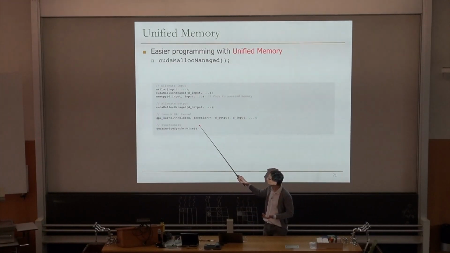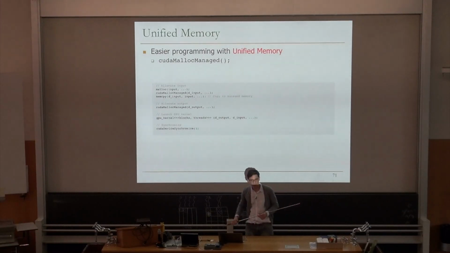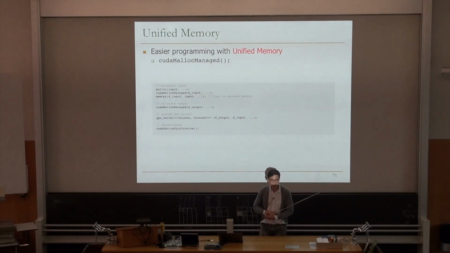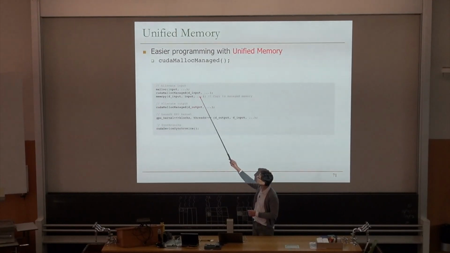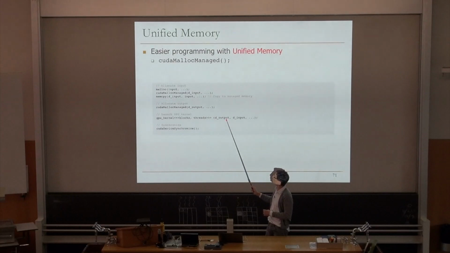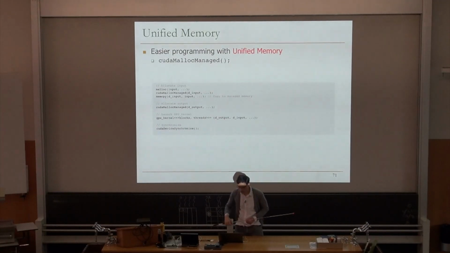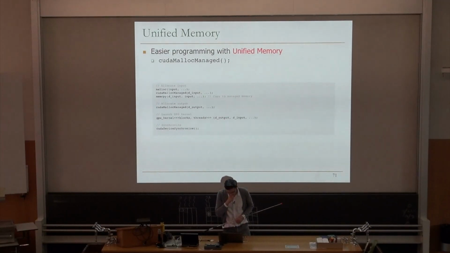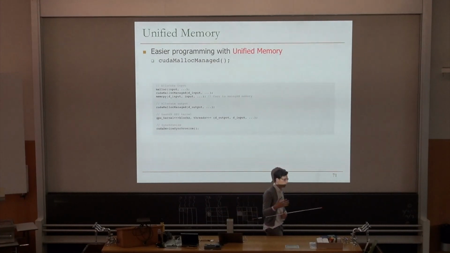We don't need to worry about the data transfer anymore, right? Because the CPU and the GPU can directly use the same pointers, in this case the input and the output. So both CPU threads and GPU threads can access it. This is what unified memory allows us to do.